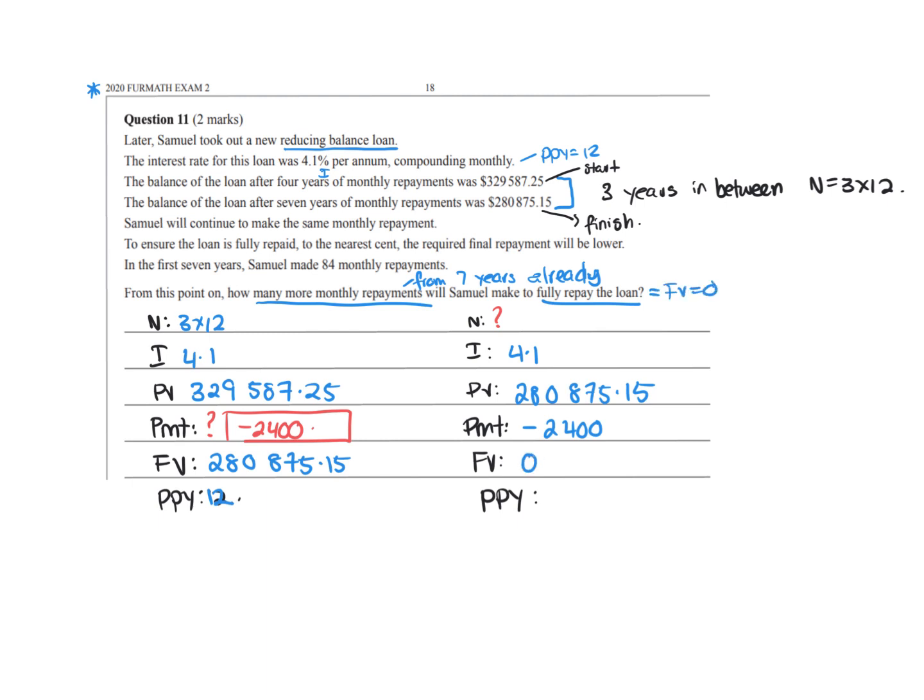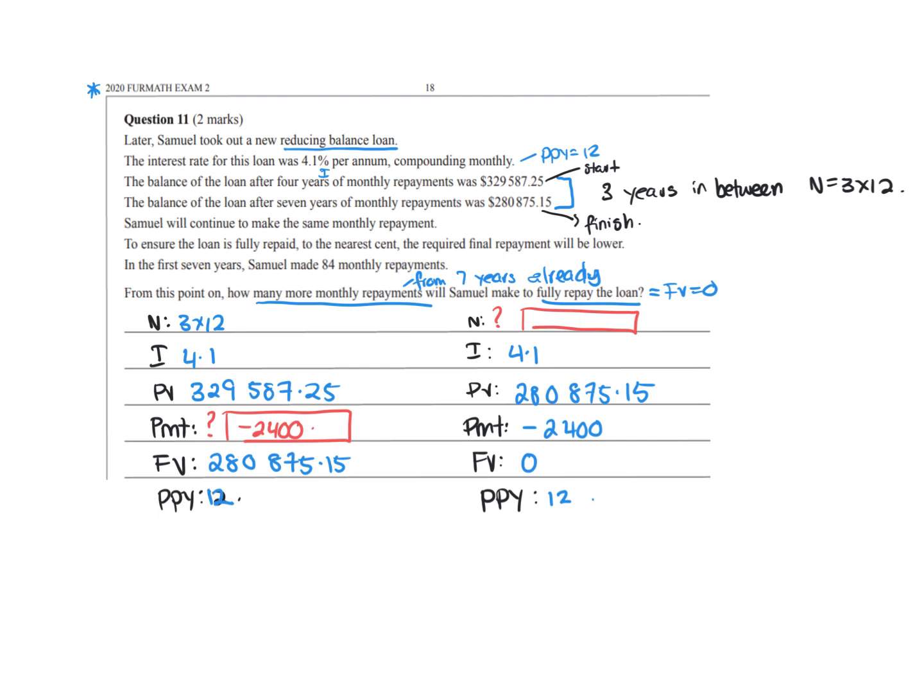You've paid it off, and PPY is still 12. So when we do that, we find out how many more it will take, and it does say the final repayment will be a bit lower. So let's find out what that is.